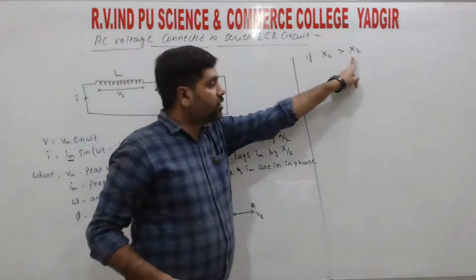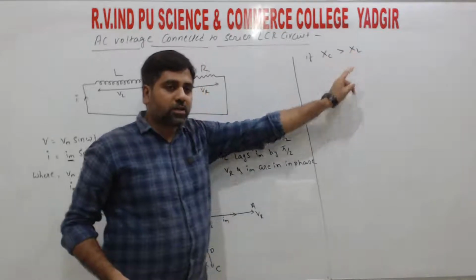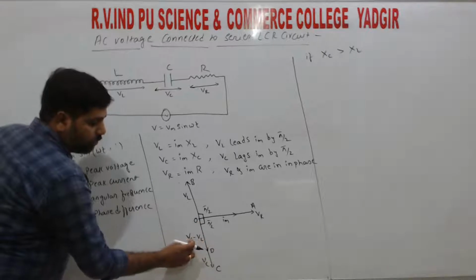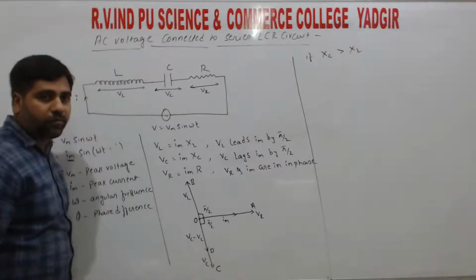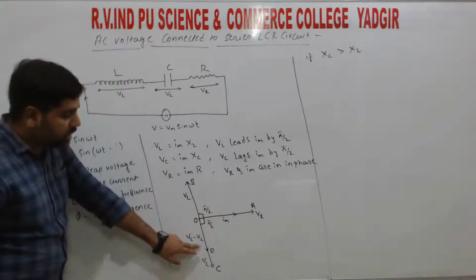When XC is greater than XL, that means voltage across the capacitor is greater than voltage across the inductor. So we get OD, that value is VC minus VL, right? So now we can neglect this one, right? So we get the resultant here, right?